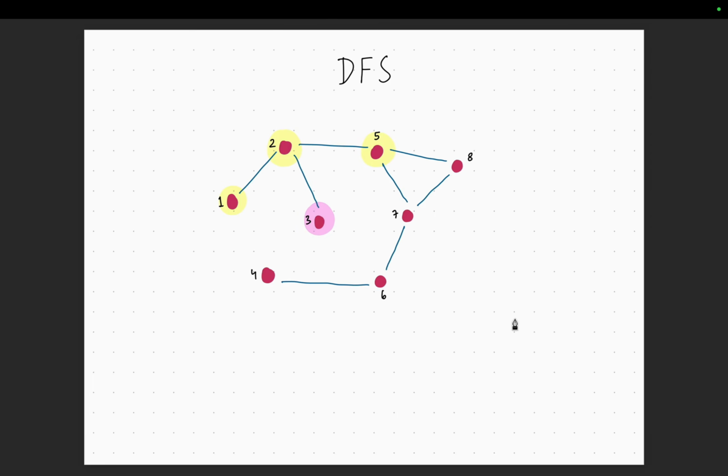You can pick arbitrarily, I just chose 5 because why not. And then you go to the neighbors of 5, arbitrarily pick one, then you go to 7 because that's the only one that you can go because 5 has already been marked. So you go to 7, mark that, then you go to 6.